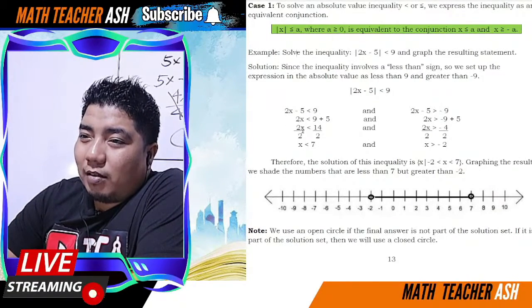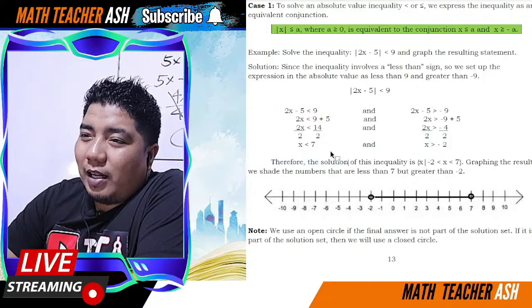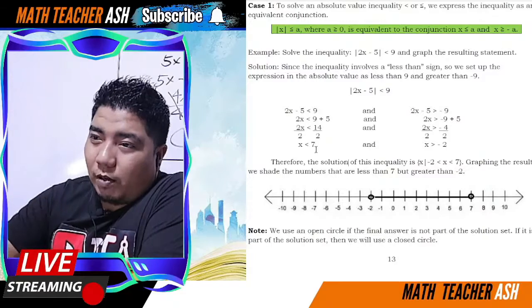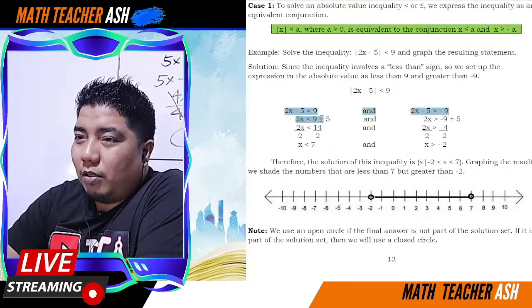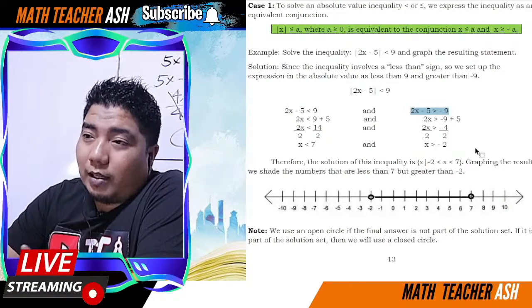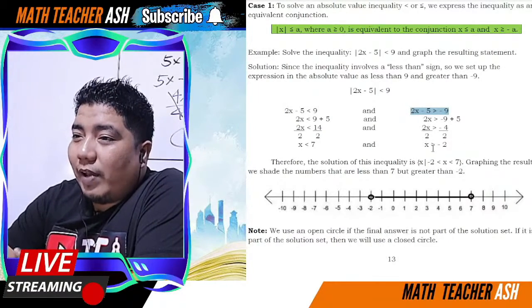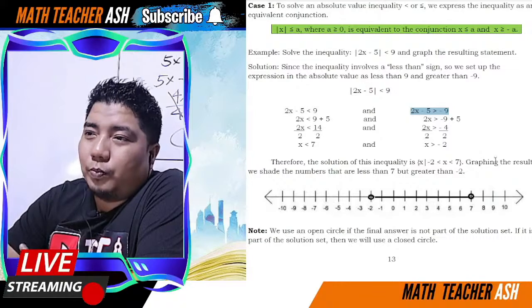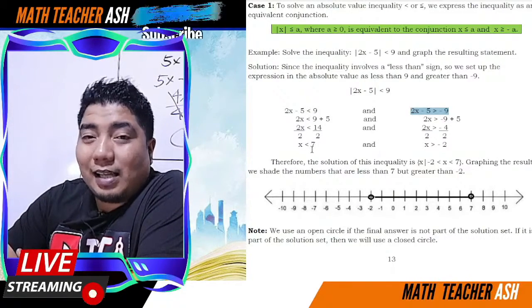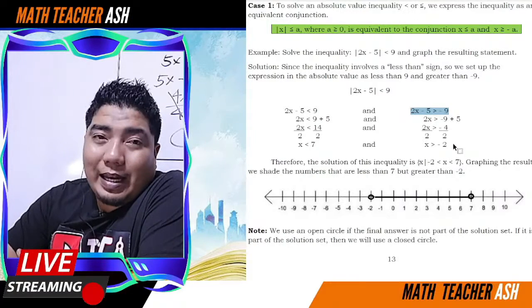They solve it, and the final inequality is x is less than 7 for this particular expression. And for this particular inequality, the value of x is greater than negative 2. So, therefore, si x daw ay mas maliit sa 7, pero mas malaki kay negative 2.